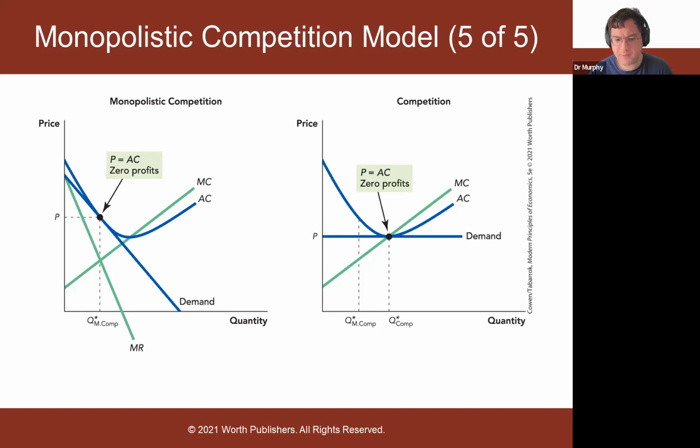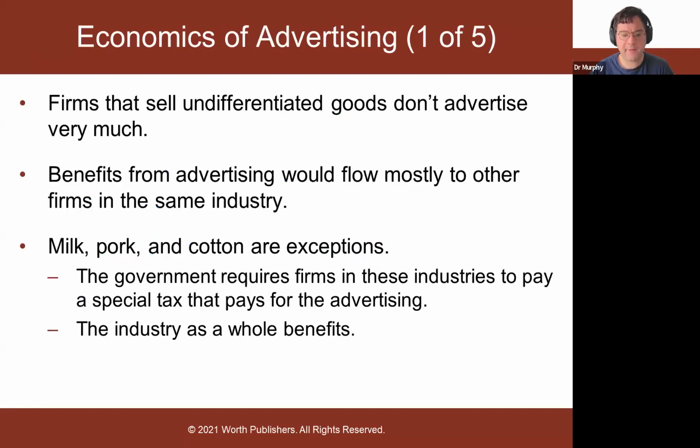So if firms are differentiating their products, how is it that they get that information out? Why is it that monopolistic firms can exist? Well, the primary way is through advertising.